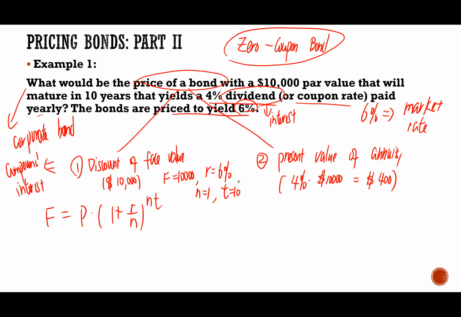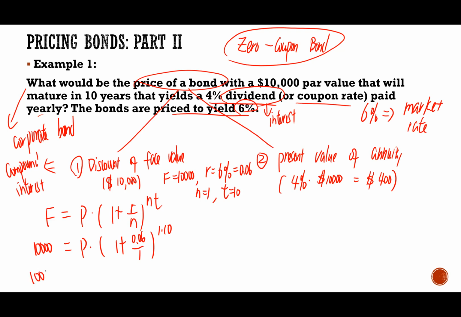So you do 10,000 equals present value times 1 plus the rate, 0.06 over 1, raised to 1 times 10 power. Let's simplify a little bit.